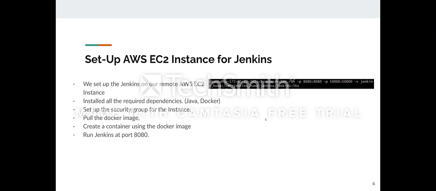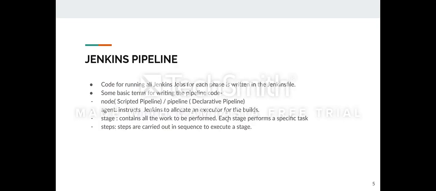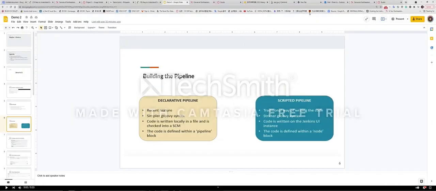We also set up the security group for that particular instance, so people inside our group can access the instance remotely but safely. We also pulled the Docker image, created a container using it, and ran Jenkins at port 8080. Now I'm going to quickly show you the Jenkins main dashboard.